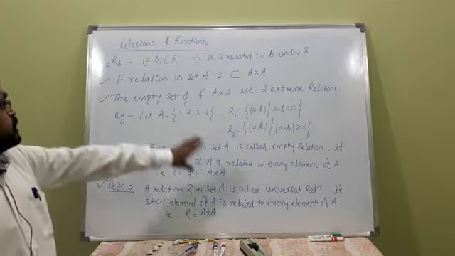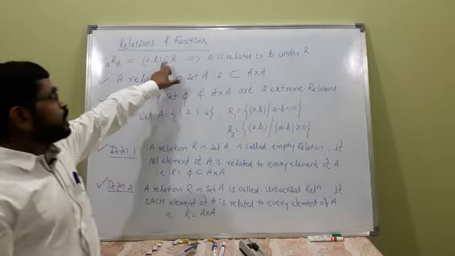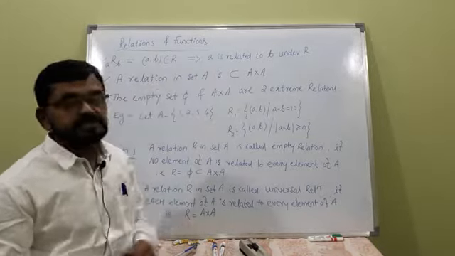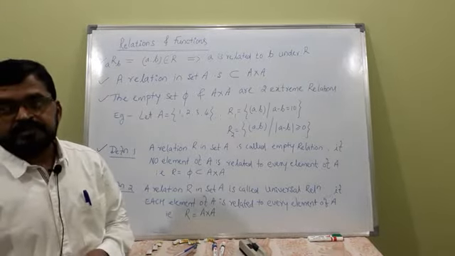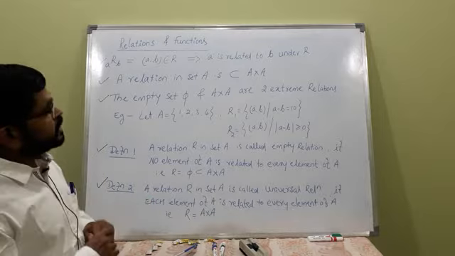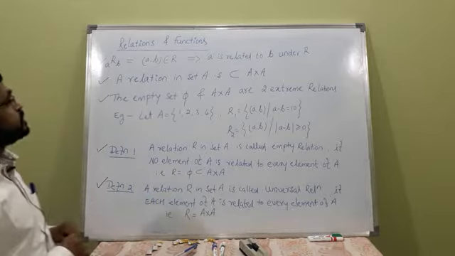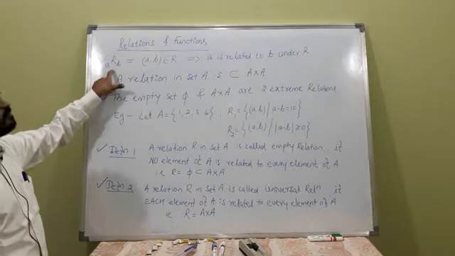Let us start with the ordered pair (a, b). (a, b) belongs to R implies a is related to b under relation R. This is denoted by aRb.